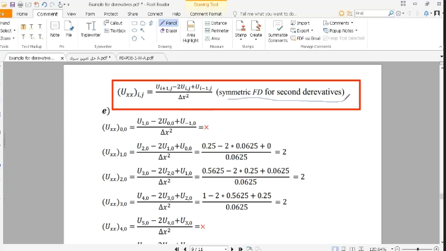As it said, we have uxx at i and j equal to u i plus 1 and j minus 2 u i and j plus u i minus 1 and j over delta x2.